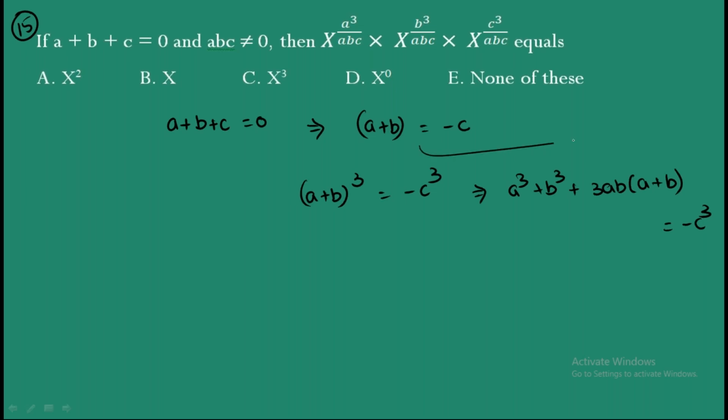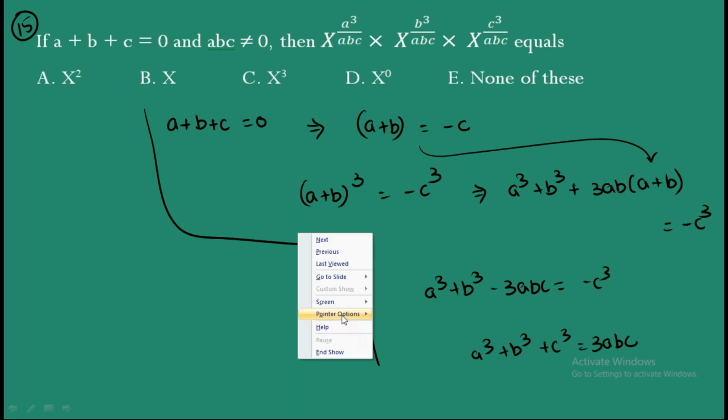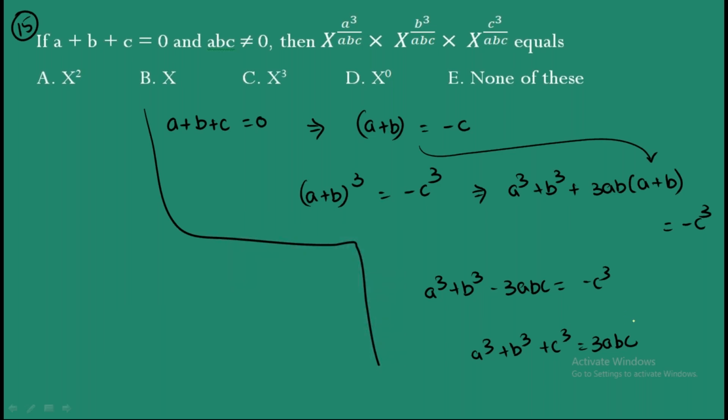You know already A plus B is minus C. If you just substitute, A cube plus B cube plus 3ABC is nothing but minus C cube. Now A cube plus B cube plus C cube is 3ABC.